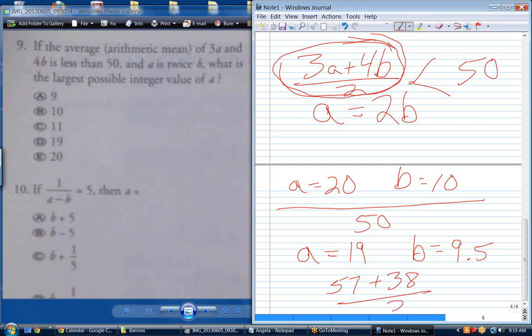And if I divide that by 2, I clearly get something that's less than 50. So as long as those two numbers add up to less than 100, then I'm fine. So 19 works.